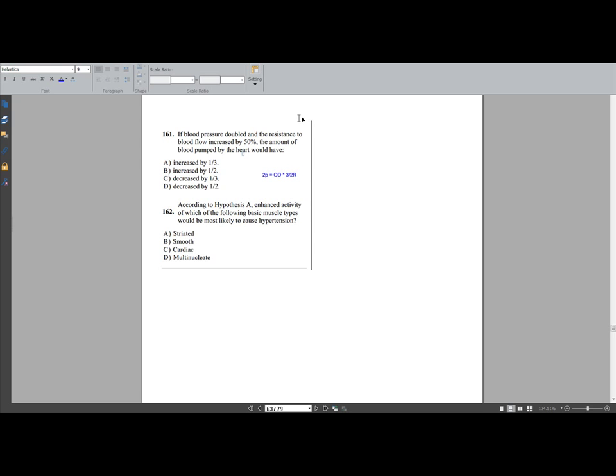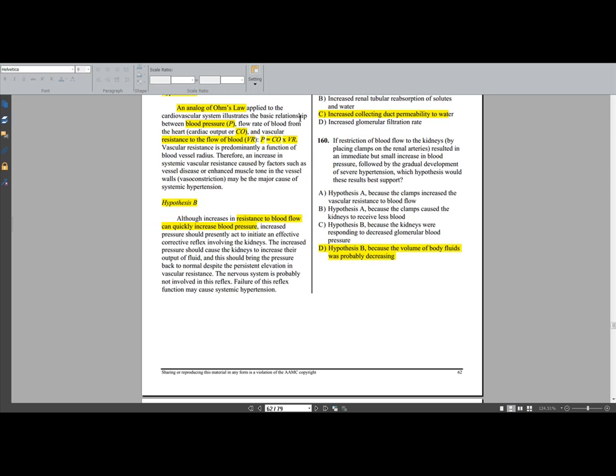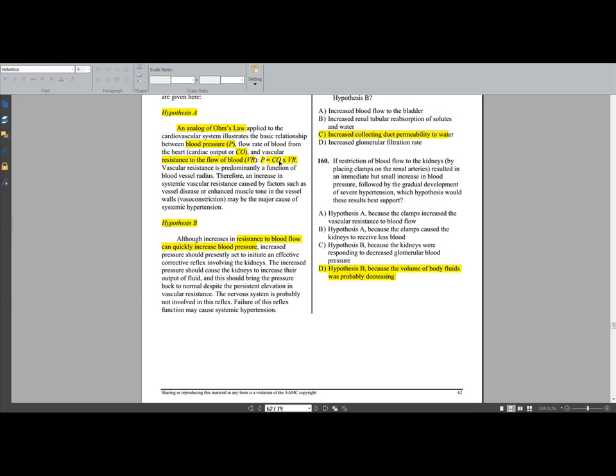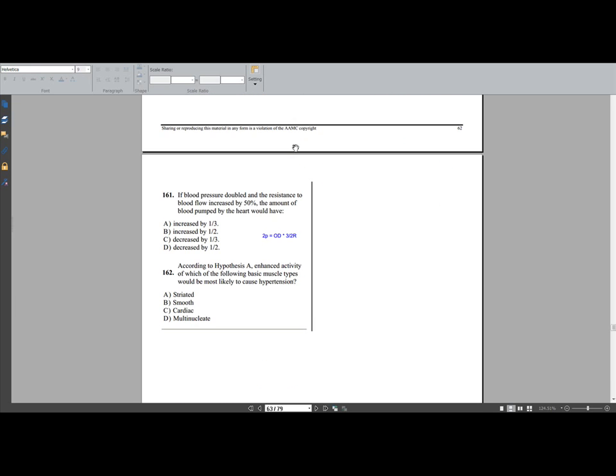The amount of blood pumped. It's not even in the formula, the amount. CO is flow rate. That's velocity. That's not an amount. What the heck?